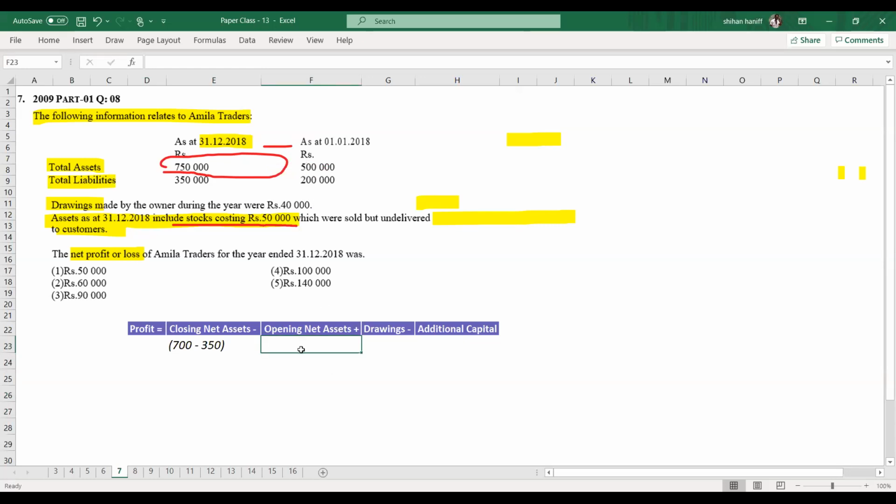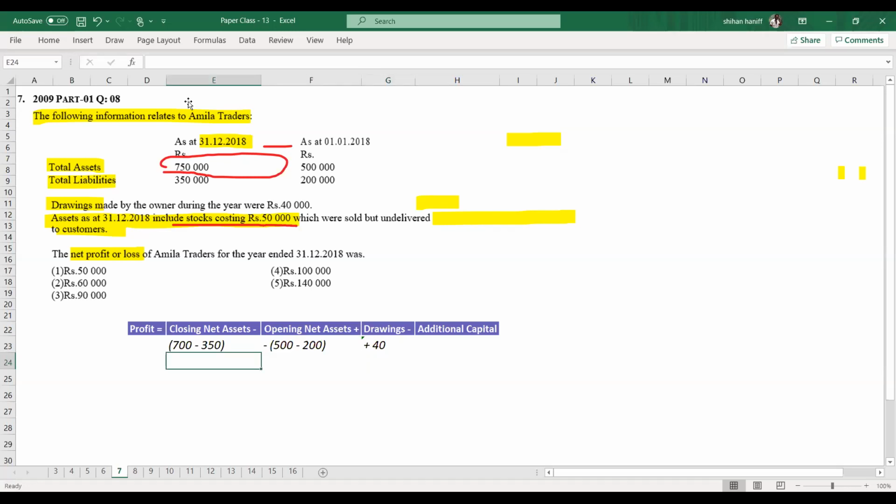It's 500 minus 200. 500 minus 200. Borrowings plus 40,000. Plus 40,000. There is no additional capital.